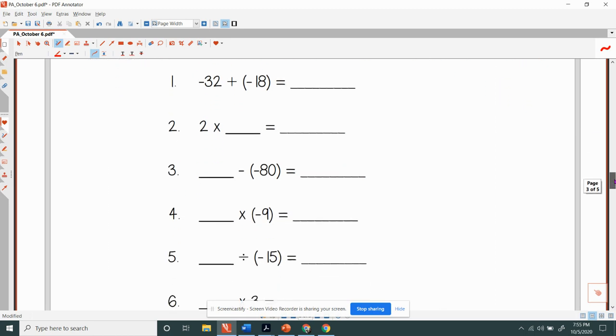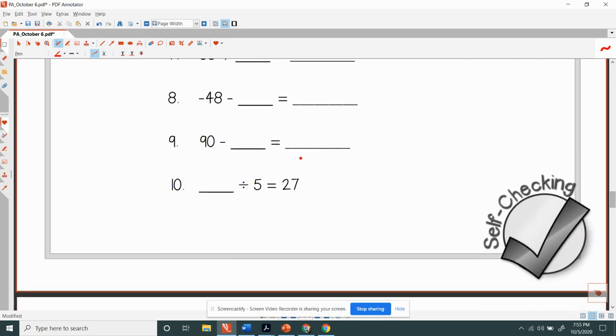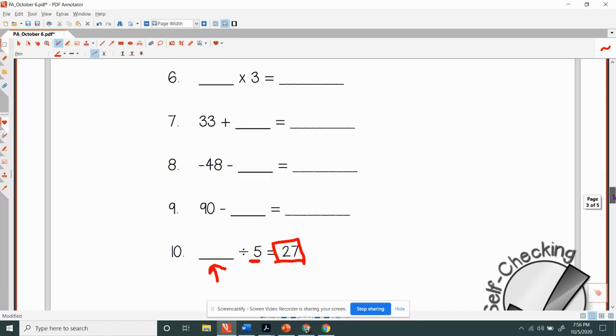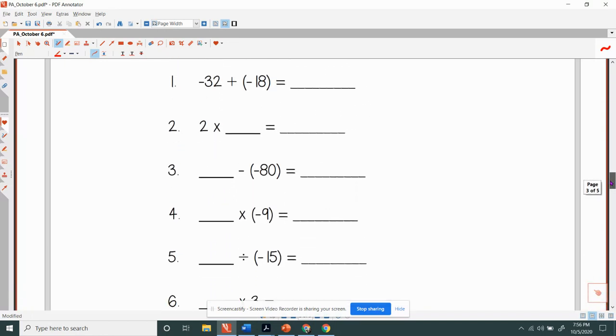Let's look at that. So if we've done everything right, the number that goes in here when divided by 5 will give us 27 as a final answer. So why don't I get you started, and then you can see how you do with the rest of them.